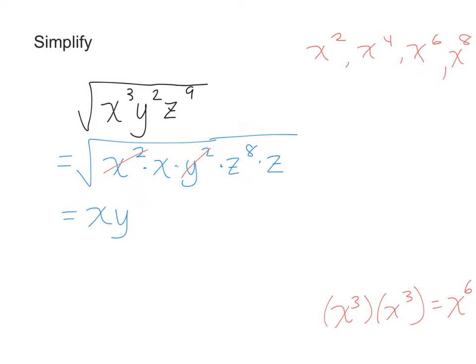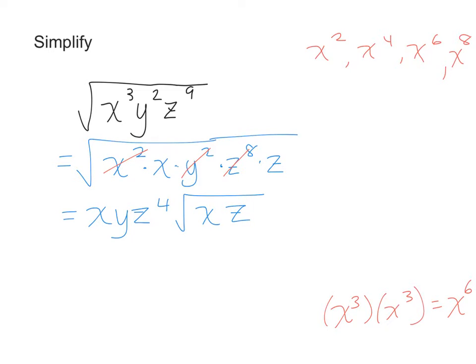And the other perfect square is z to the power of 8, and it becomes z to the power of 4, right. Because z to the power of 4 times z to the power of 4 is z to the power of 8. So we use that. And then I can see what's left on the inside. I have an x and a z.